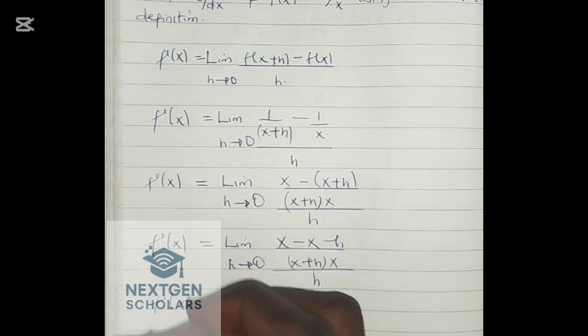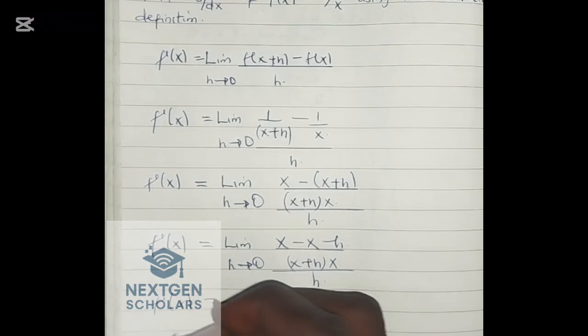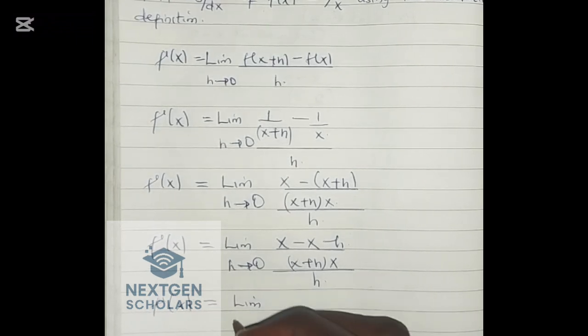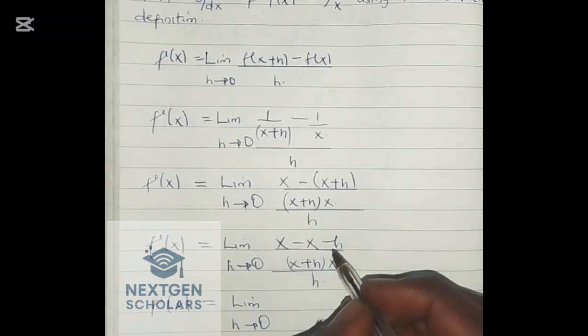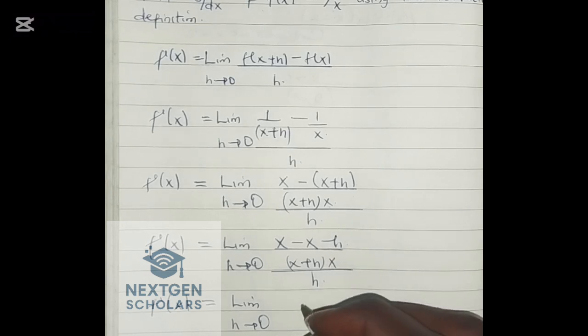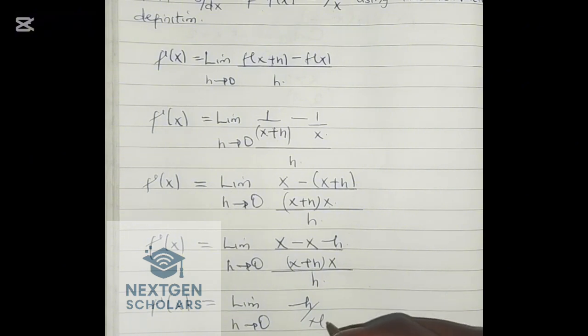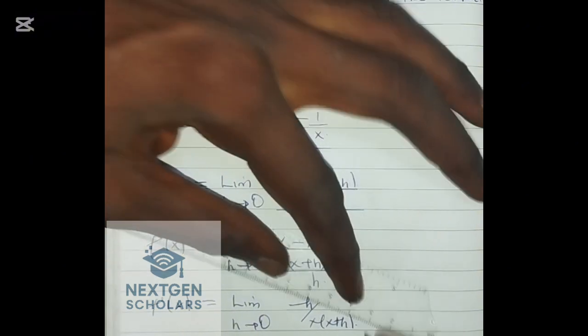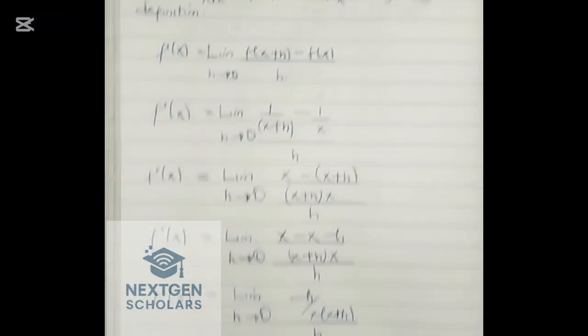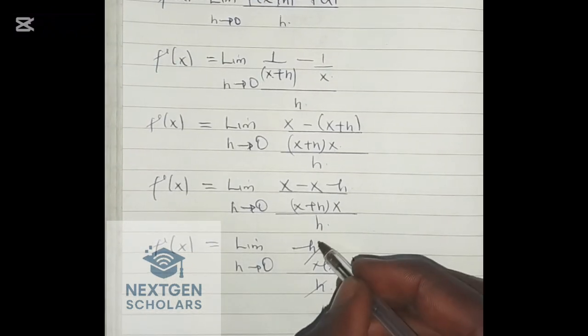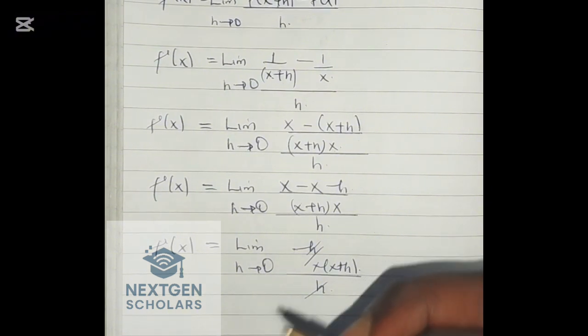So f prime of x is equal to the limit as h goes to 0. x minus x is 0, leaving out negative h. So we have negative h all over x into x plus h, all over h. So we can simply say h here in h here gives us negative 1.